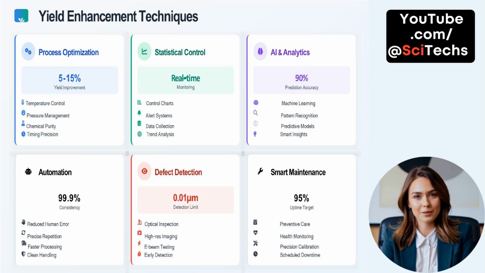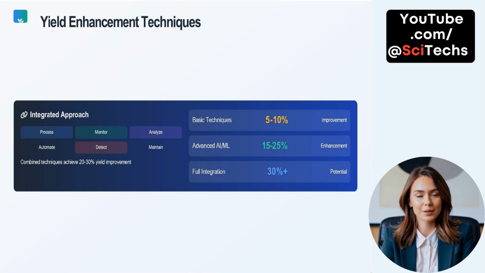Defect detection pushes sensitivity to the nanoscale, down to 0.01 microns, using optical inspection, high-resolution imaging, E-beam testing, and early detection systems. Finally, smart maintenance targets 95% uptime through preventive care, health monitoring, precise calibration, and scheduled downtime, keeping equipment performing at its best.